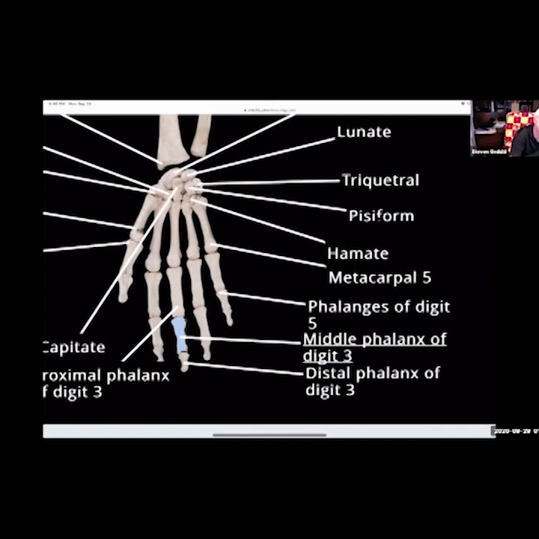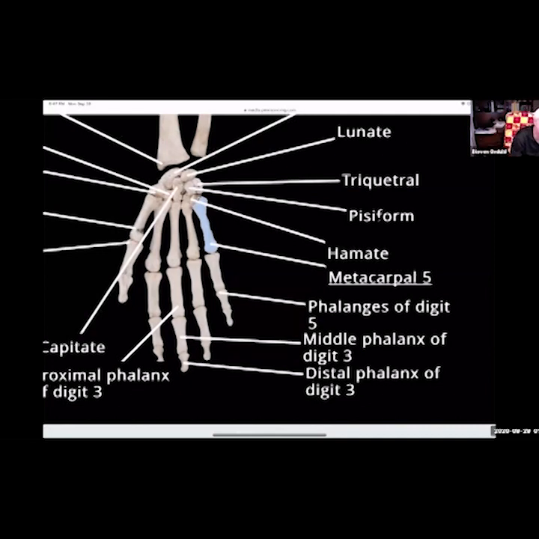Okay, and those make up the phalanges. This is the phalanges of digit number 5, which consists of three bones: proximal, middle, and distal. You've got metacarpal bone number 5. That's the bone to the little finger.